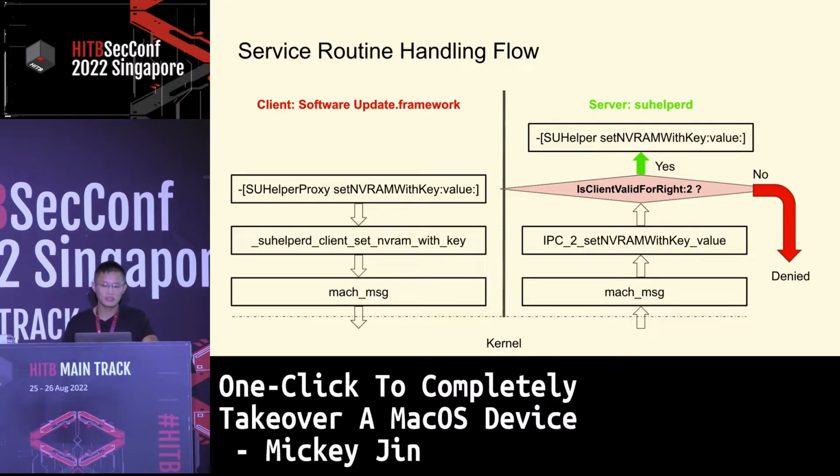First, when the client requests a service routine, it calls a specific method of the SUHelperProxy class, and then serializes the request into a Mach message buffer, which is then sent to the server side by the system kernel. When the server receives an IPC request, it will check whether the specific rights were previously granted to the client. If yes, it will call the real service routine through the class SUHelper. Otherwise, it will reject the IPC request.